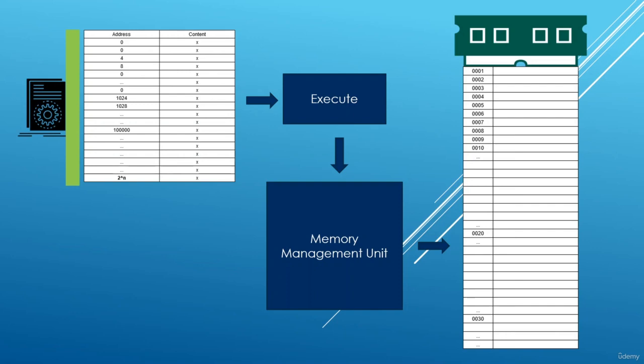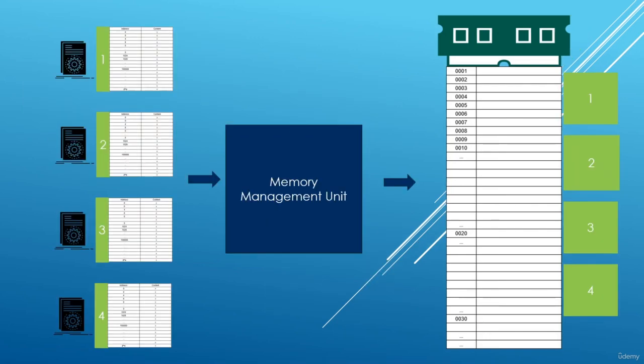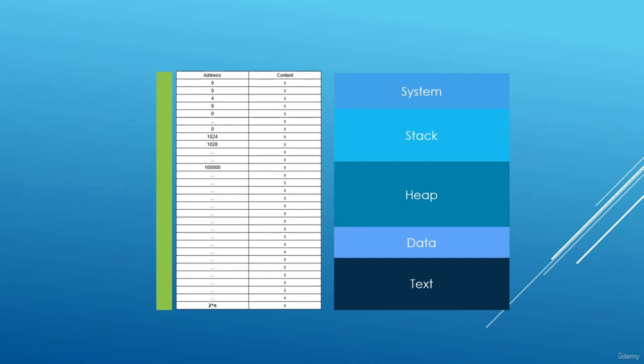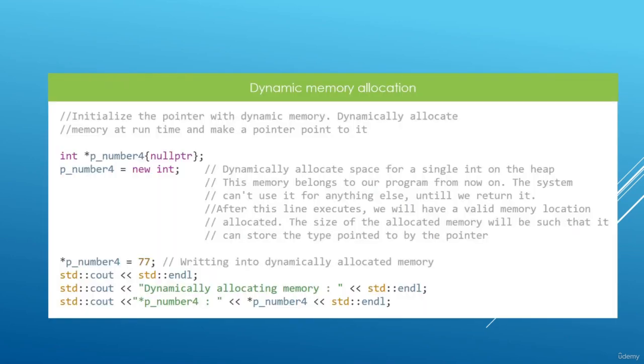And this led to the birth of the idea of virtual memory. And the idea your program has of the memory is called the memory map. The memory map is split into different parts, and those that we are specifically interested in this course are the stack and the heap.